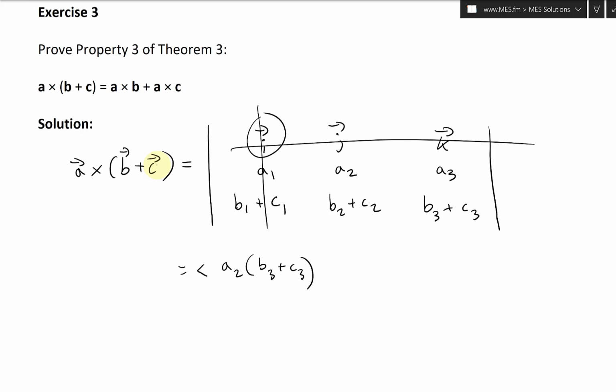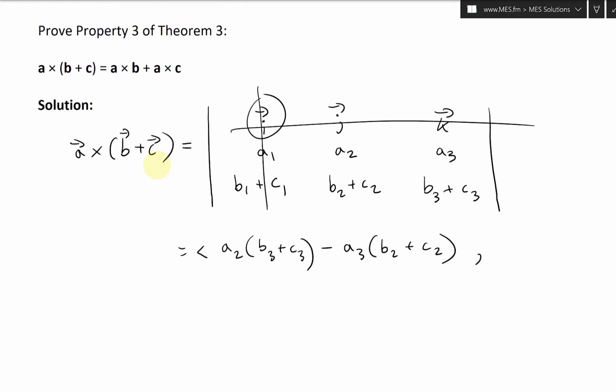All right, and then minus. So the minus is this one right here, A3 times (B2 plus C2), like that. Then I'll put a comma.